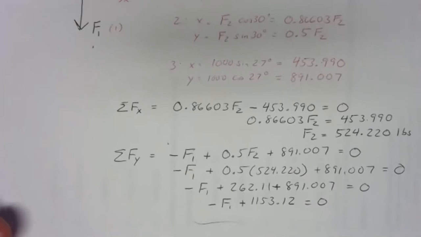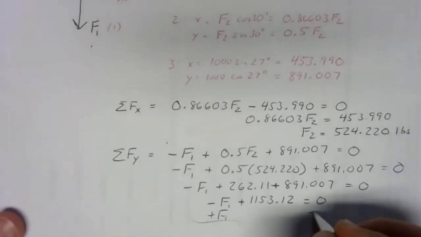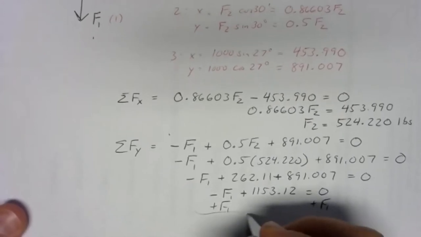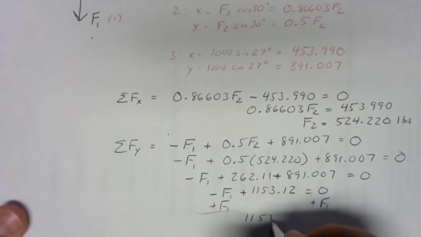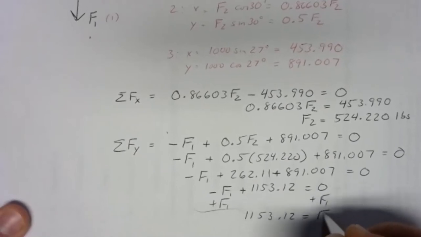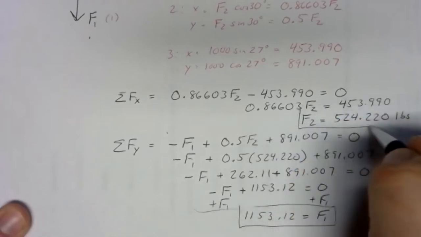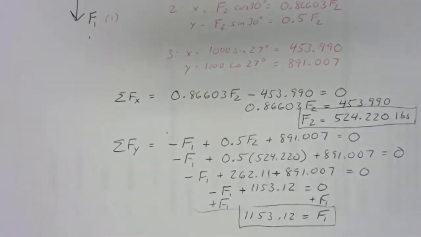Well, easiest way to solve that one, at least as far as I'm concerned, is to add F1 to both sides. And then we get 1153.12 equals F1. So there's F1 and F2. And that also came out positive, so we know our drawing is good.